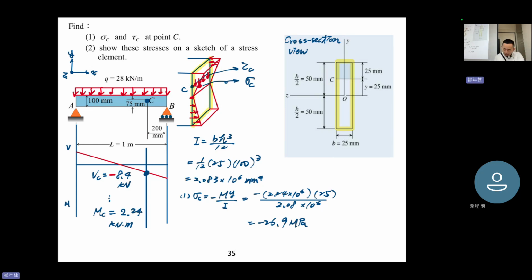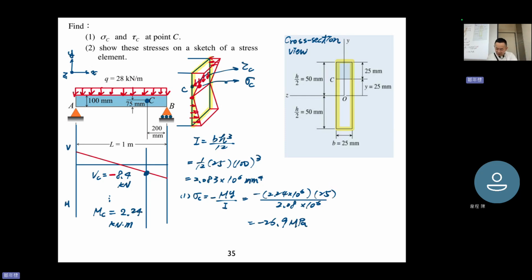Oh, by the way, did you see that this is 75 and this is 25? Because 75 is from the bottom, you need to minus 50, otherwise you will get it wrong.